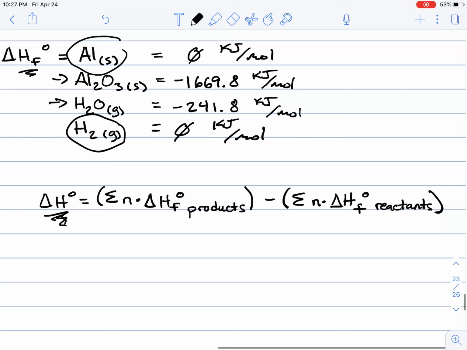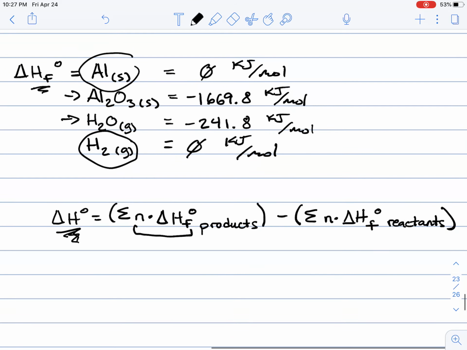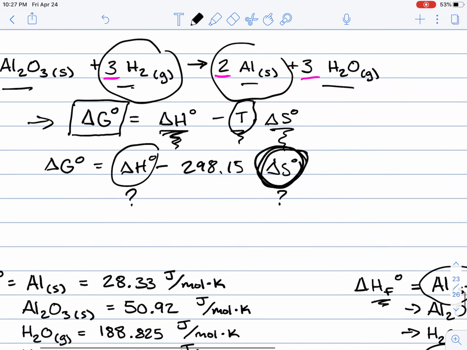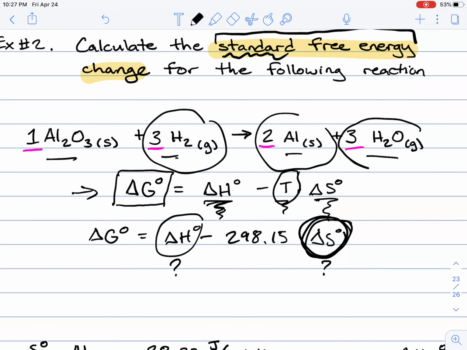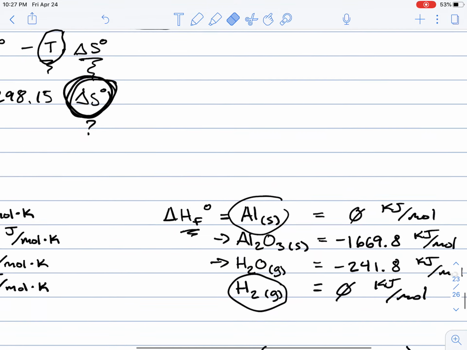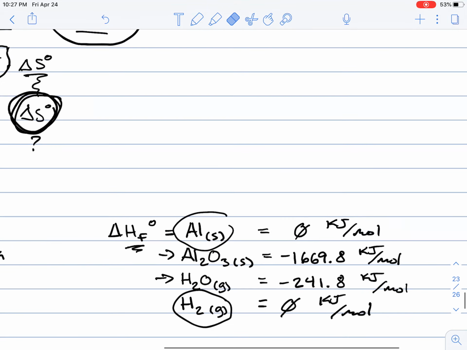All right. And so here it's telling us that we need to multiply the heat of formation by the coefficient, and the coefficient will have mole units. And so here we will have 1 aluminum oxide and 3 water molecules. So these 3 water molecules in gas state is going to be negative 241.8.